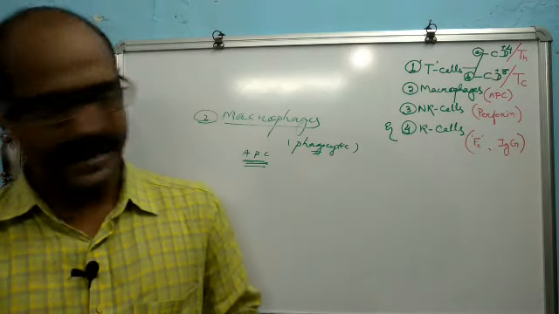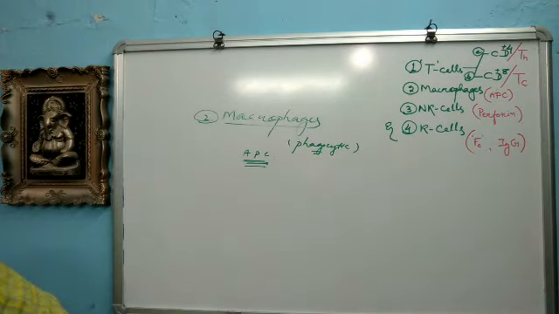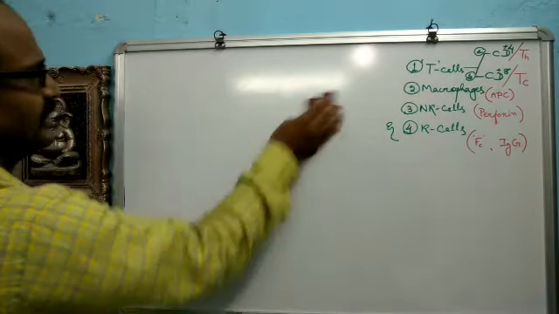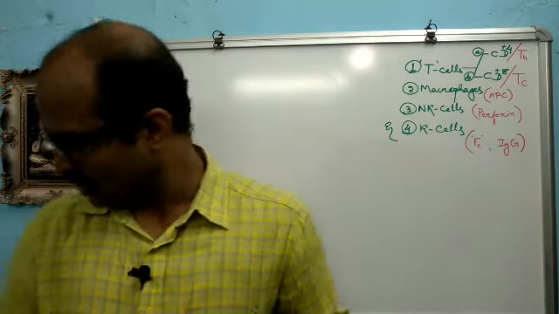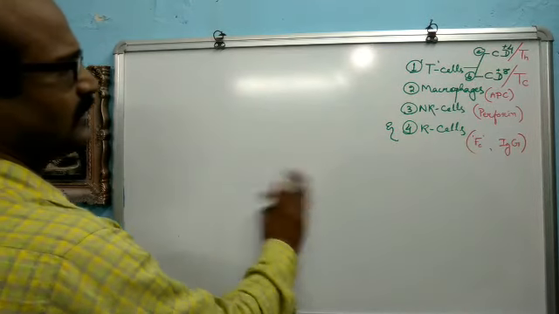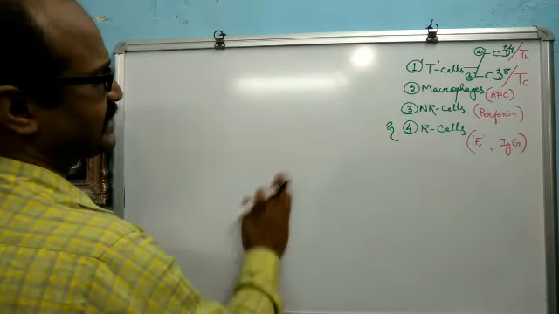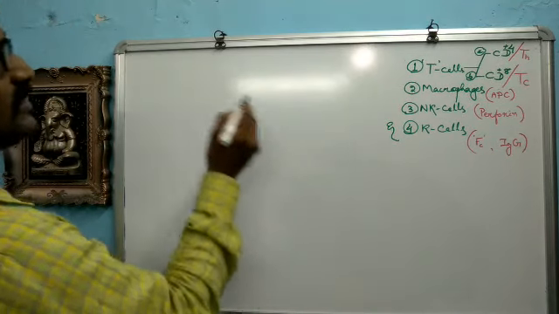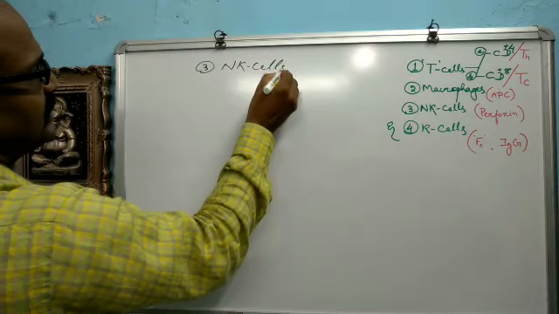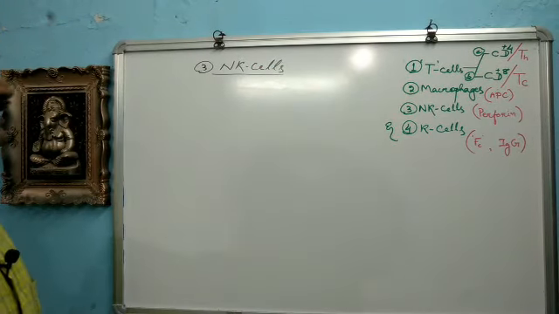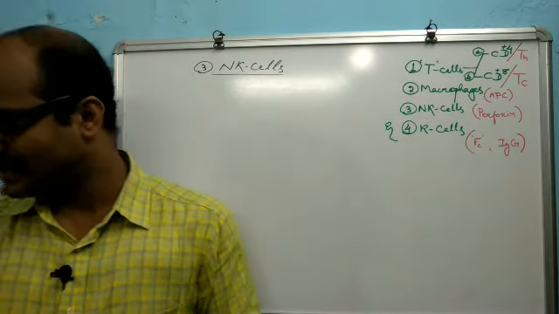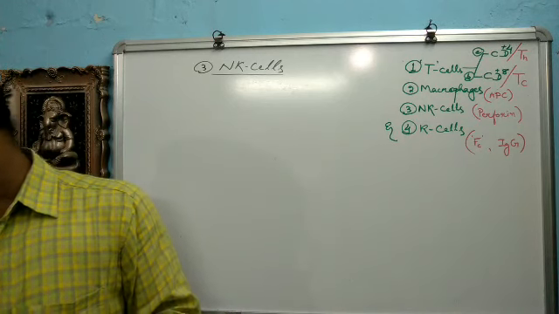Now come to the NK cells. The NK cell is known as the natural killer cell. Such natural killer cells are able to kill the viral infected cells or the tumor cells.